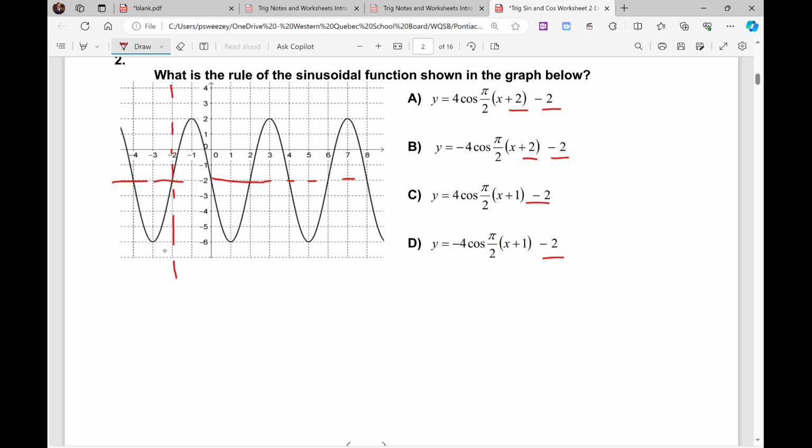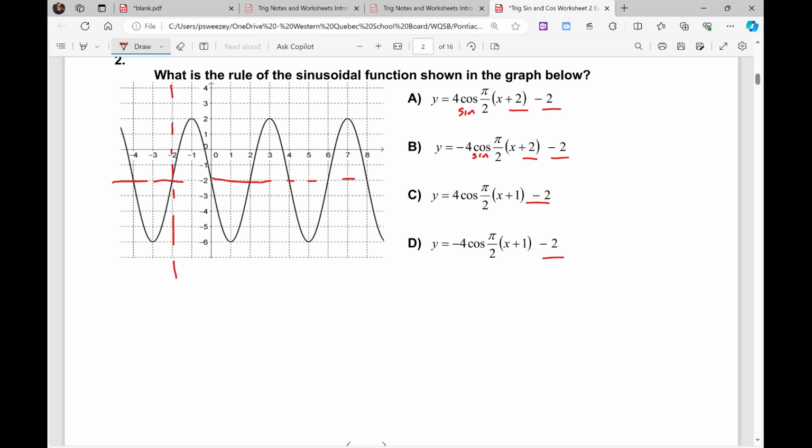At an x value of negative 2 for this function, am I at either a maximum or a minimum? No, I'm halfway. One of these might work if this was a sine function because it's starting halfway, but this will not work as a cosine function because it's neither starting at a maximum or a minimum.